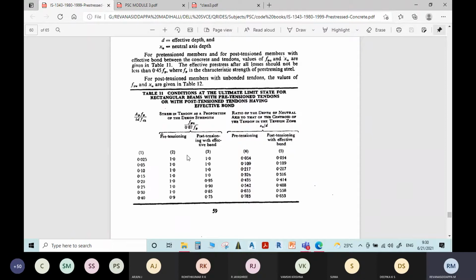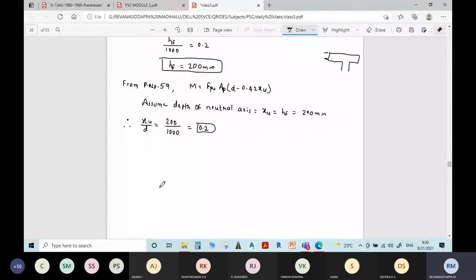From Table 11, for the post-tensioned case, for XU by D equal to 0.109, FPU divided by 0.87 FP is equal to 1.0.